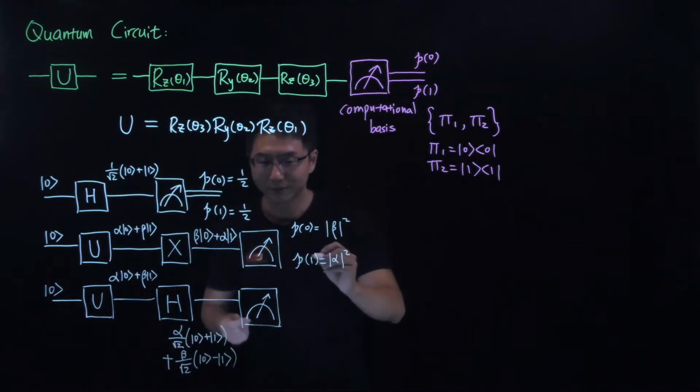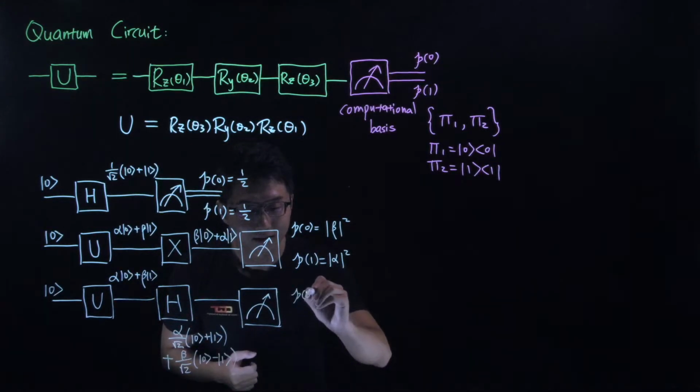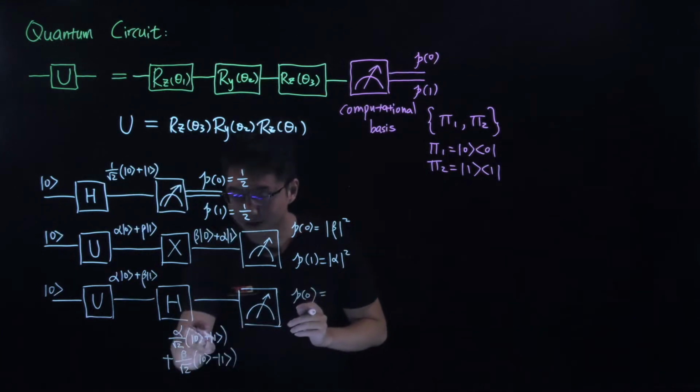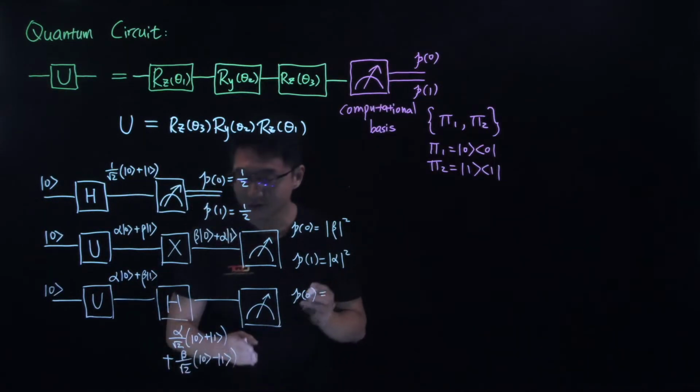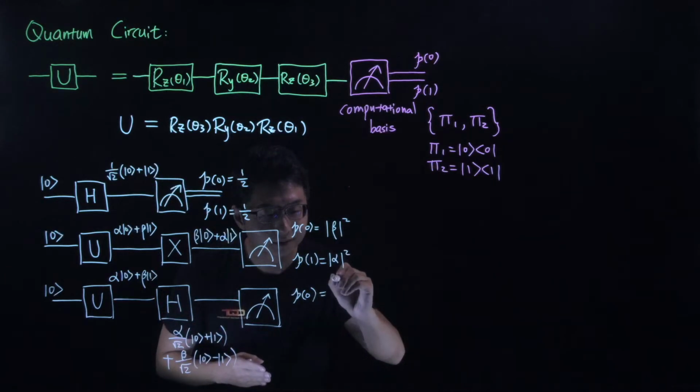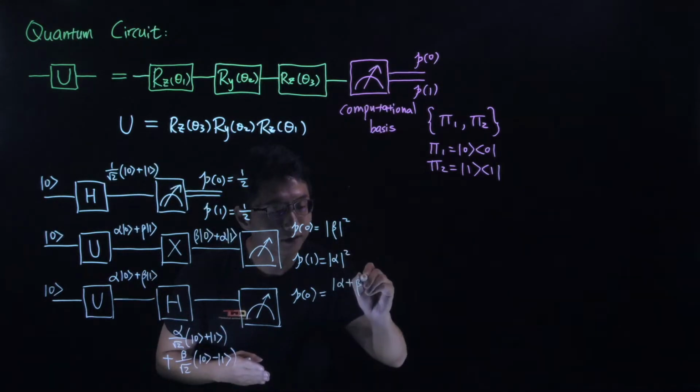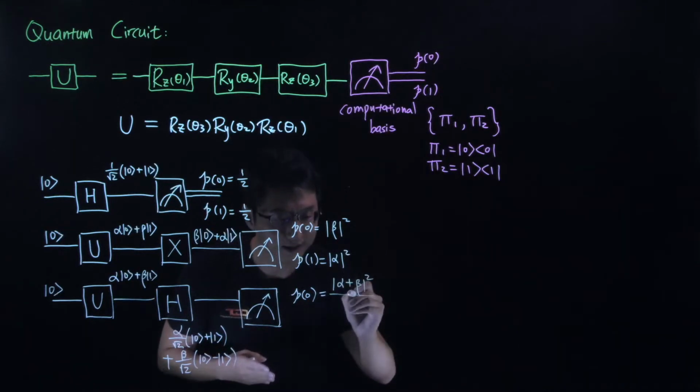So the probability that the 0 outcome is observed is given by the square of the probability amplitude in front of the 0 state. So that's alpha plus beta over square root of 2. So the absolute value squared is the absolute value of alpha plus beta, squared, over 2.